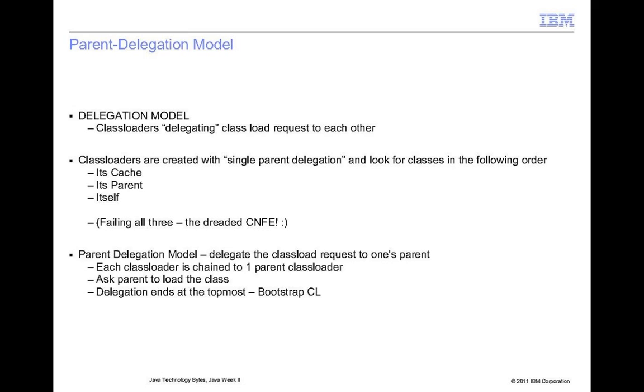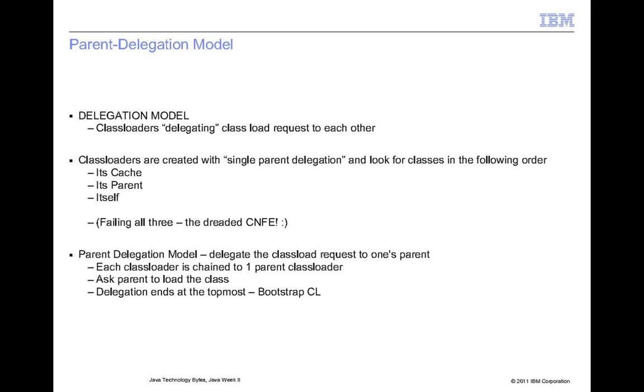Next, the step would be to ask its parent to load the class, and the last step would be to try and see if the present class loader itself can load the class or not. Failing all three steps, you get what is called the dreaded class not found exception, CNFE.